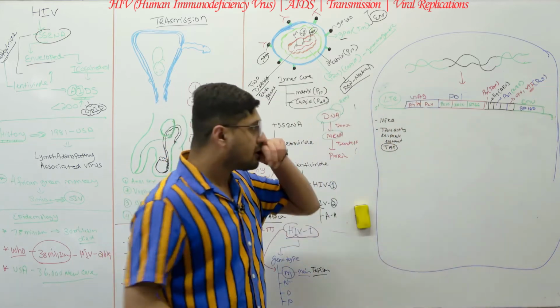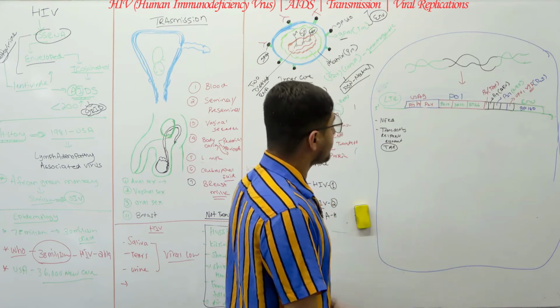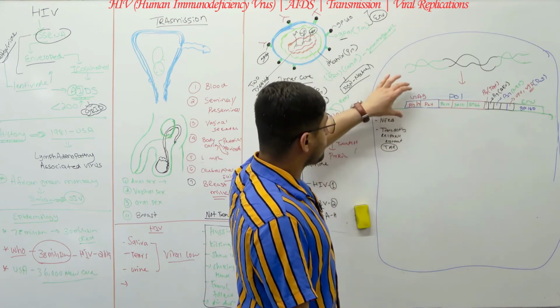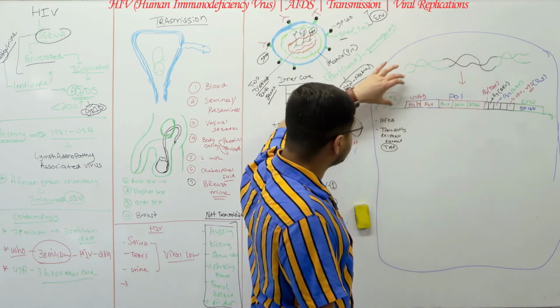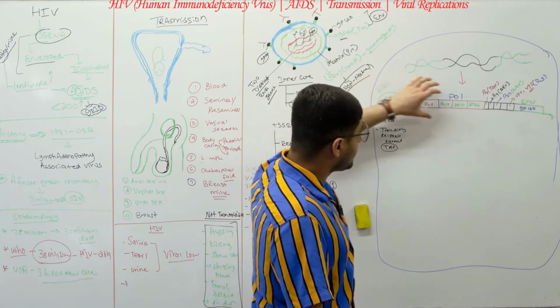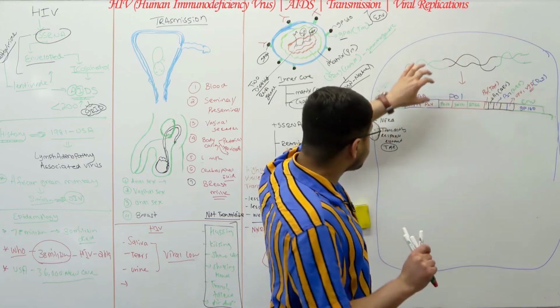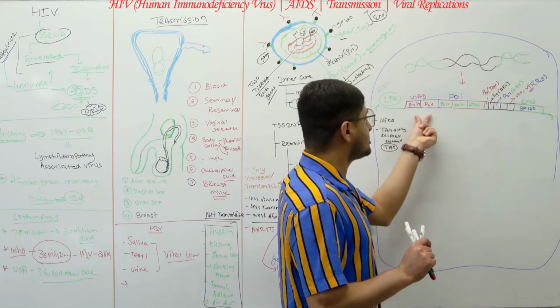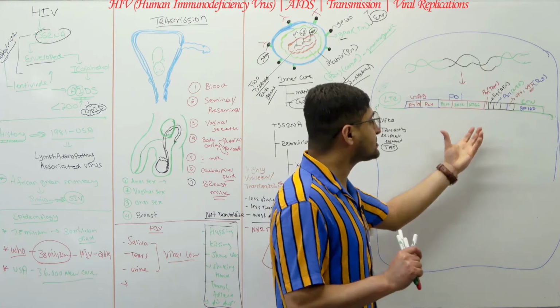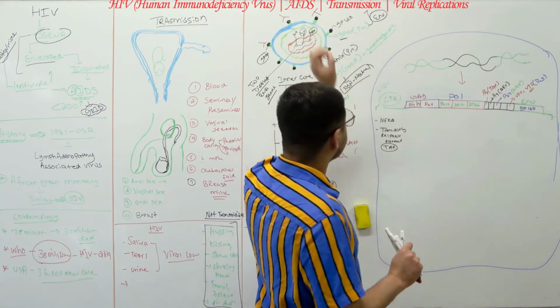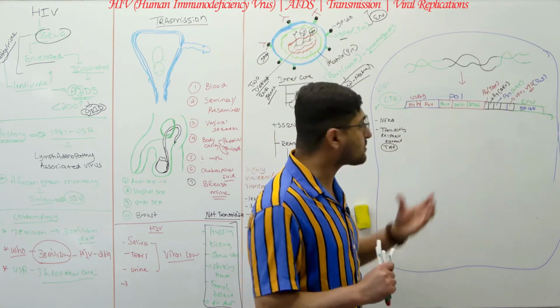Now what is the whole concept of this? Basically what I'm trying to say is that within this they have these long terminal repeat units, and each nucleotide sequence encodes for enzymes or genes to synthesize all these functional proteins, right? So this is what it is.